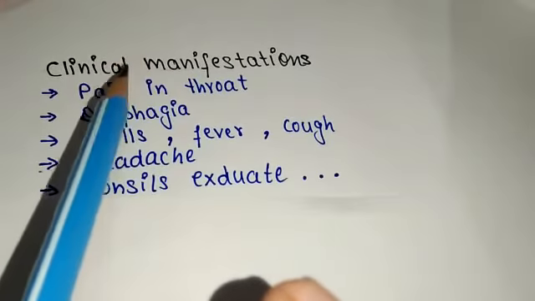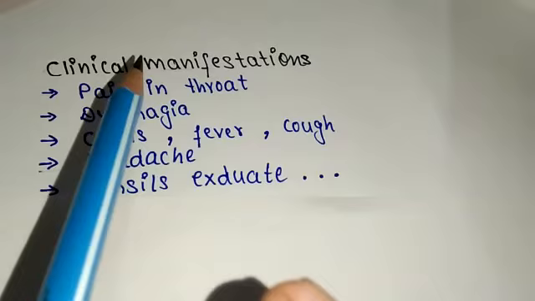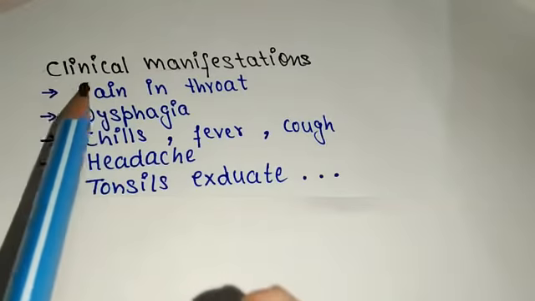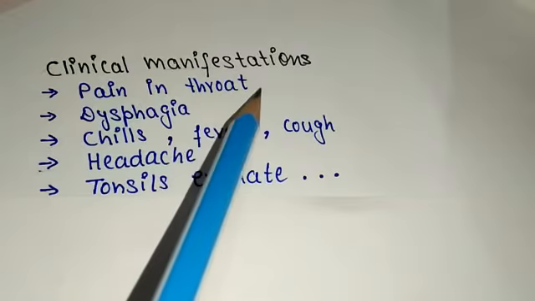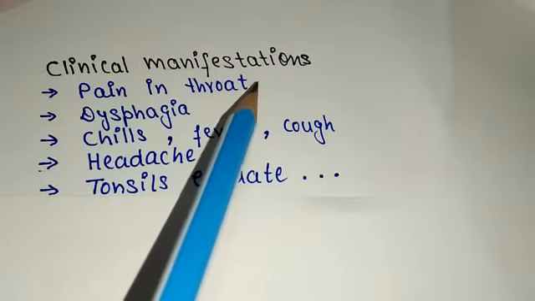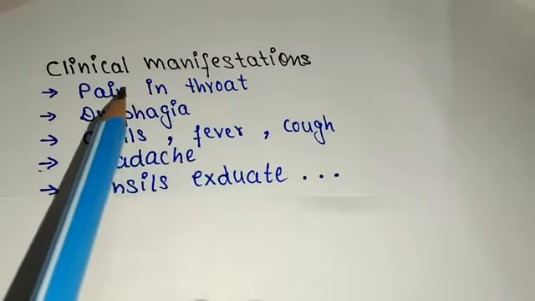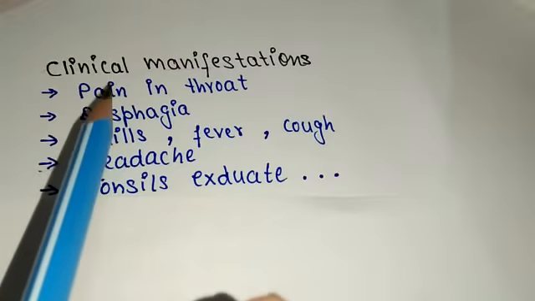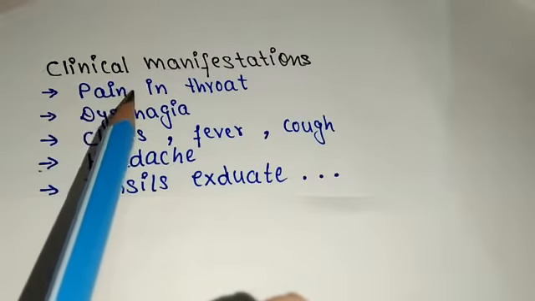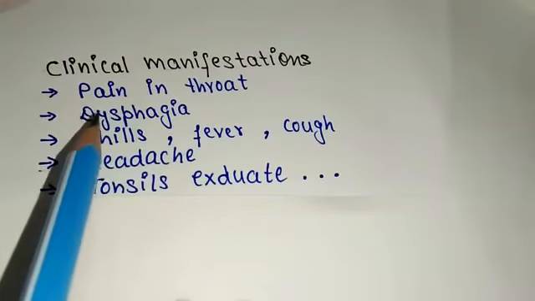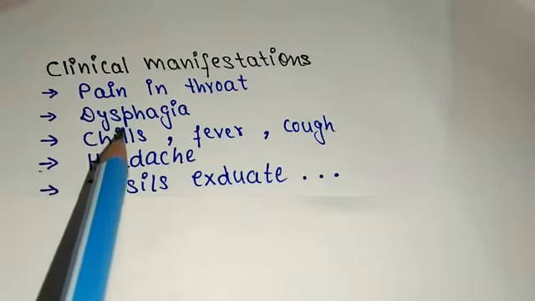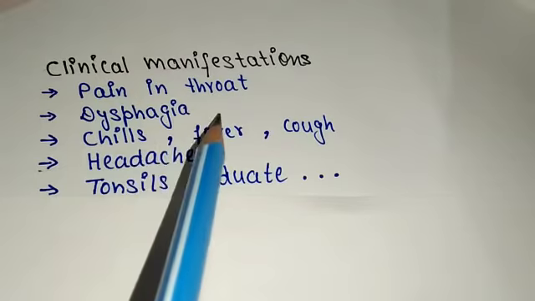What are the clinical manifestations of tonsillitis? First is pain in the throat. Throat pain will occur because the tonsils are swollen, so definitely pain will occur in the throat. And next is dysphagia, meaning difficulty in swallowing.